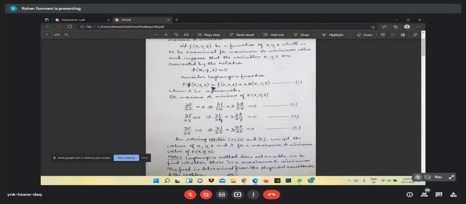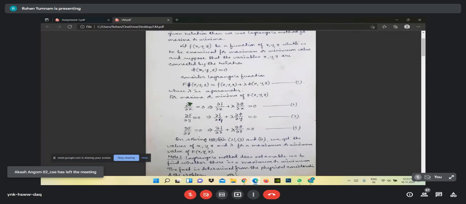If you differentiate with respect to x, you consider x only as the variable, and y, z as constants. Here it will be del f by del x plus lambda del phi by del x. And then what you have to do is put del F by del x equal to 0. Then this side also will be 0.